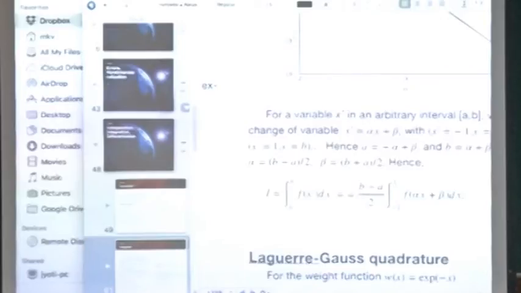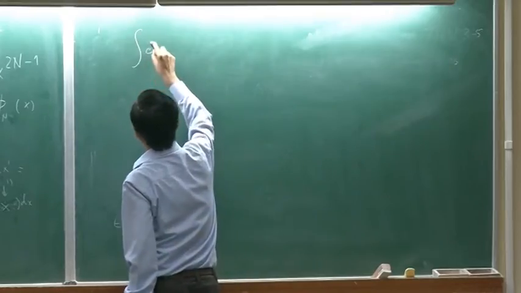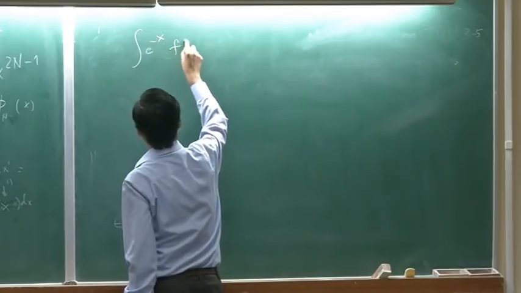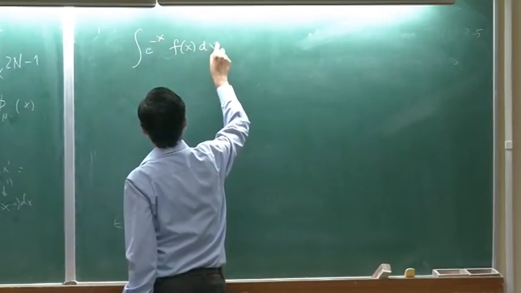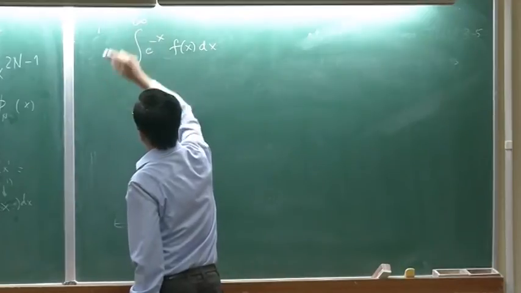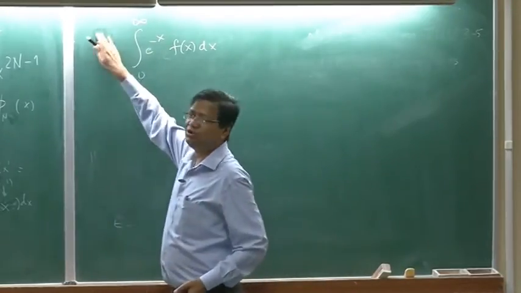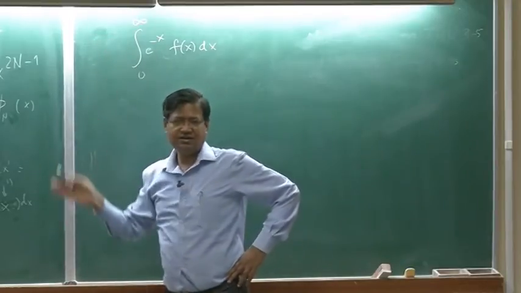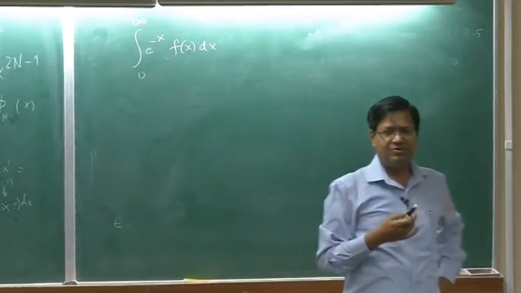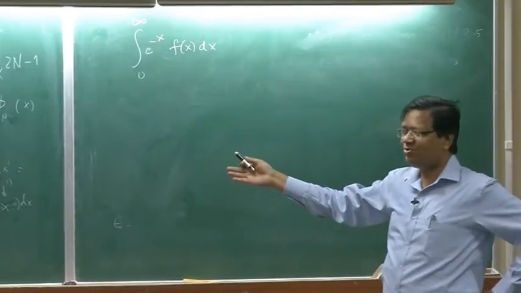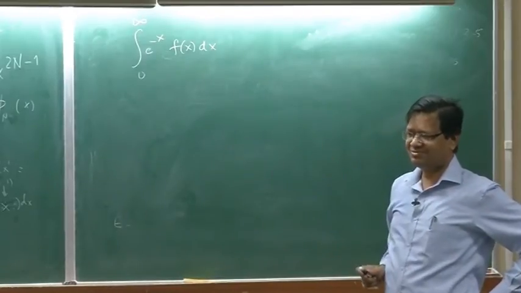So we encounter these kind of integrals, okay. Now I want to integrate this integral. So of course is no good idea to use the Legendre for this because infinity is coming in here.